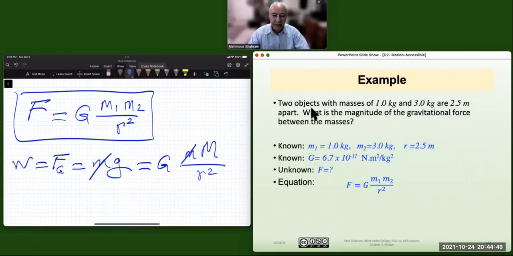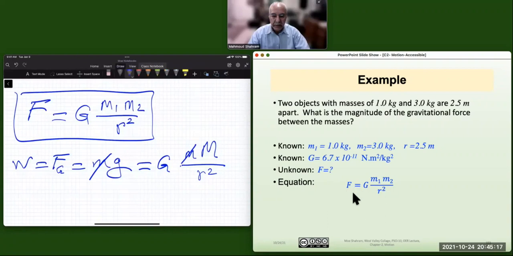Let's do an example. Two objects with mass 1 kilogram and 3 kilograms are 2.5 meters apart. What is the magnitude of the gravitational force between them? Well, we know that mass 1 is 1 kilogram, mass 2 is 3 kilograms, the distance is 2.5 meters, and we know the gravitational constant, and we want to find force.